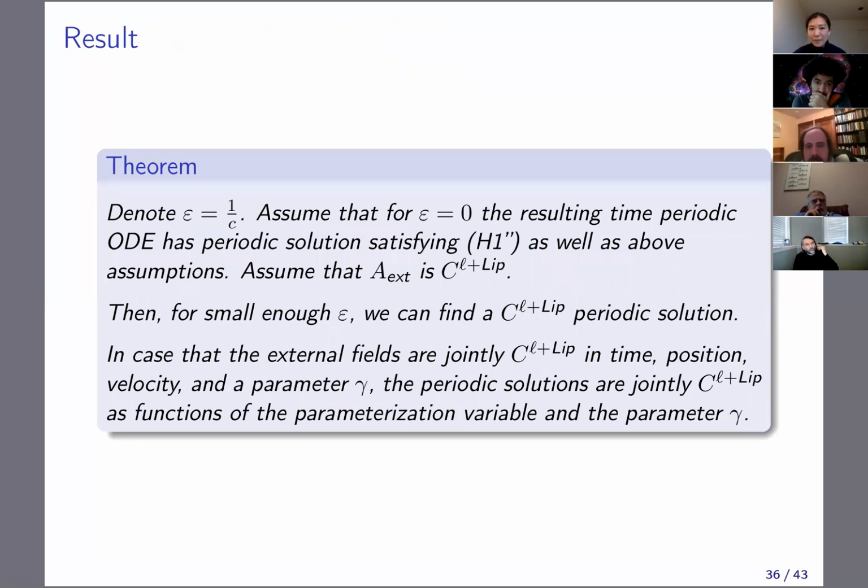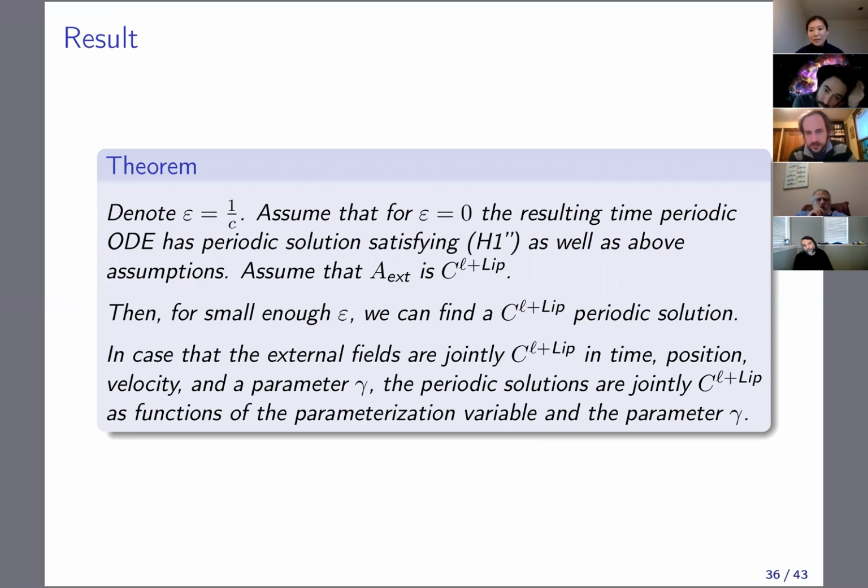So here is our main result in the case of electrodynamics. If we let epsilon be 1/c, we assume that the periodic orbit for the amplitude equation satisfies the assumption H1 double prime, which says the monodromy matrix does not have eigenvalue 1. And we also need the two assumptions on the trajectories, one on the speed and the other on no collision.